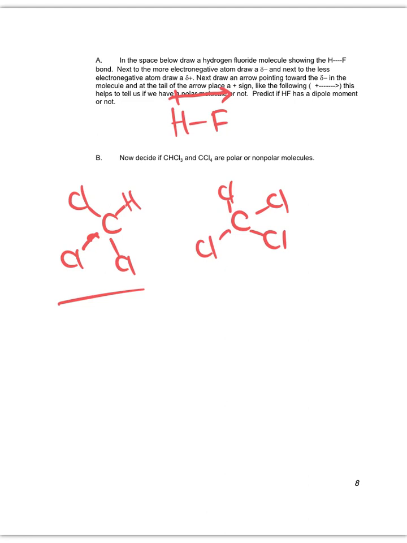So overall, these are all pulling towards the chlorines, pulling across the molecule that way, where the side with the hydrogen is a partial positive and the chlorines are all pulling electron density towards them. They're roughly on one side.